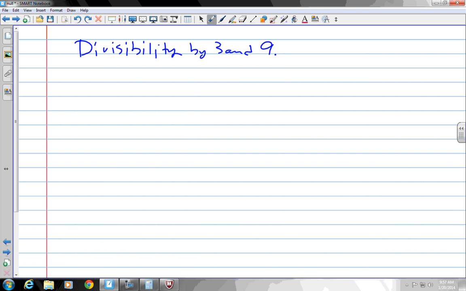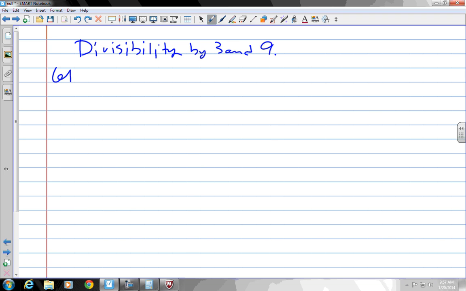If you look at the number 9, is the sum of all digits in the number 9 divisible by 3? Yes. Is 9 divisible by 3? Yes. So that's the base case. But then you're going to look at a 2-digit, 3-digit, 4-digit, and so forth.